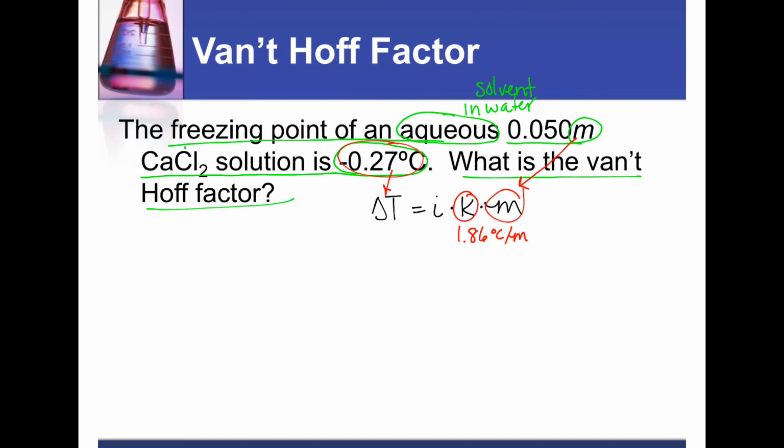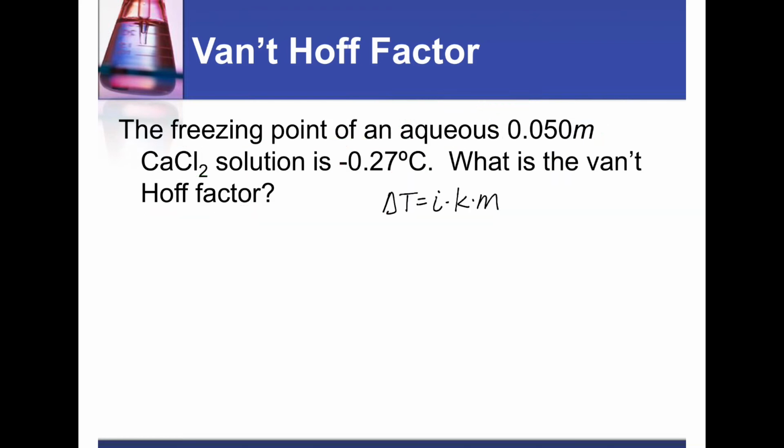So it looks like we have the delta T, we have the K, we have the m. Let's calculate that i. The first thing that I'm going to do is rearrange this equation so that I get the i by itself on one side. ΔT over K and m is i. And now I'm going to start putting my numbers in. So 1.86 degrees C per molality was my K. 0.050 molality was my molality.